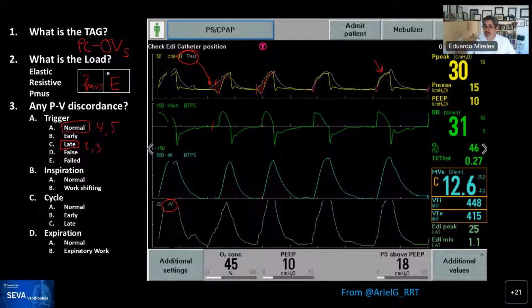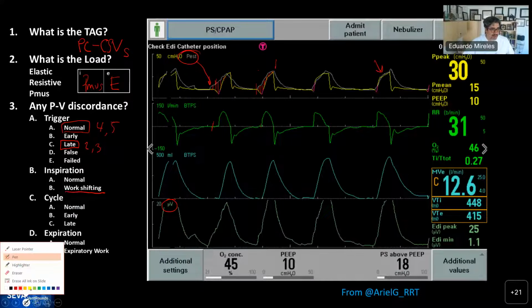This one over here, actually, you have this little dimple, and you can see it a little bit better on this one. That dimple is because the patient still had activity, and you can see here how the patient was still having activation of the inspiratory muscles, and that's what gives you what we would call late cycle. Early cycle.